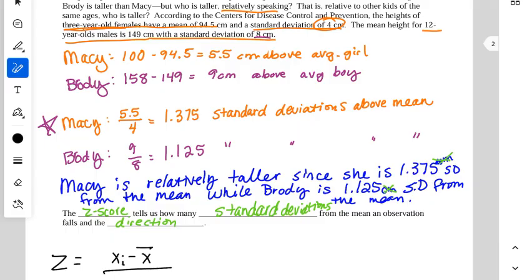So Z-score is found by doing our given data, so xi minus the mean x bar over the standard deviation. So that's our formula, but in an easier way, we're going to say observation minus mean over our standard deviation.